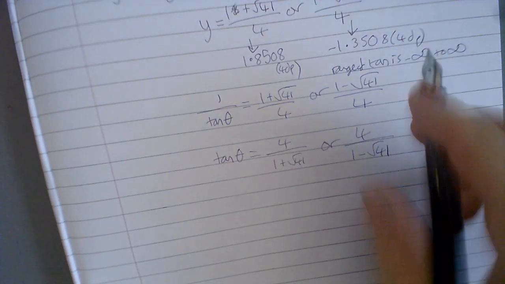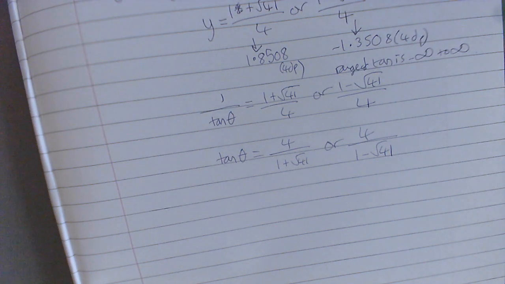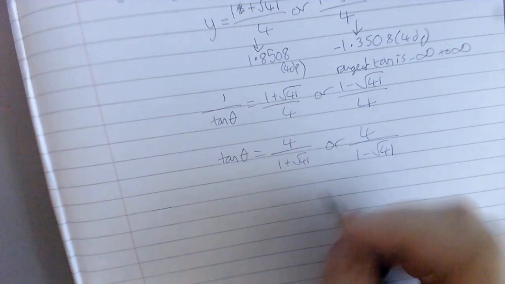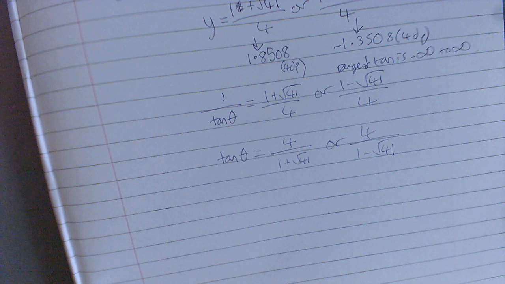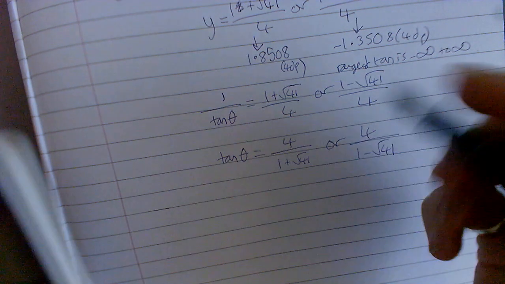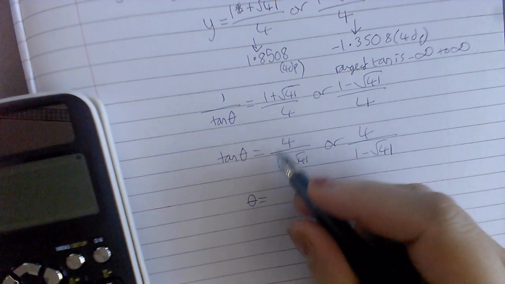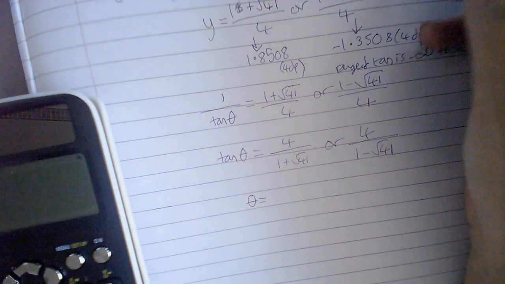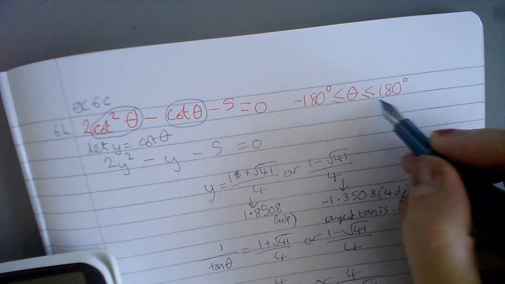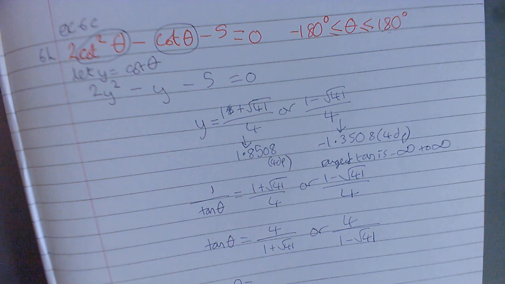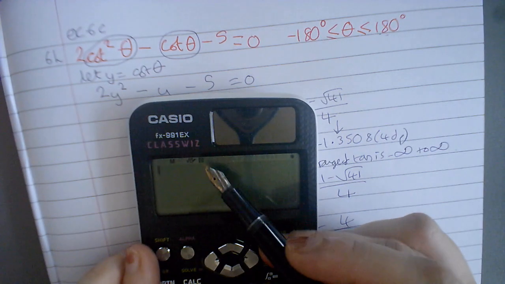So then we're just using the inverse tan on the calculator to get the values of theta. Okay, so once you've got your two values for tan theta, we're then going to use the calculator to get the values of theta. Now, we're going to have two sets of values, one for each. Note, if we look at the actual question, it's in degrees, so I need to double check my calculator's in degree mode.